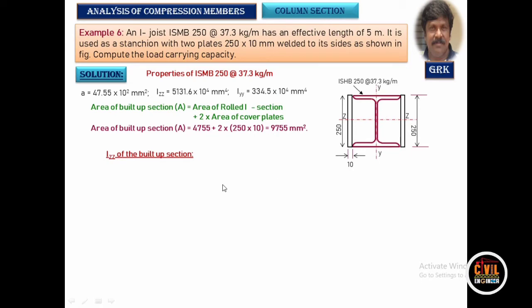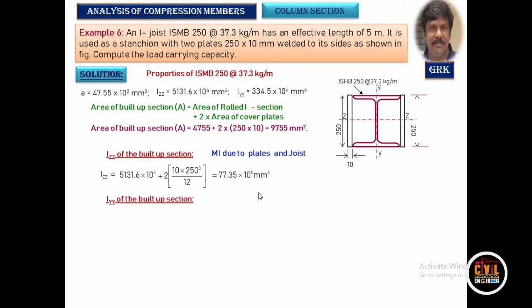For the ZZ axis, it's the moment of inertia of the rolled section plus 2 times B d cube by 12. B is 10, d is 250, cube by 12. It's 77.35 into 10 to the power of 6 mm to the power of 4.